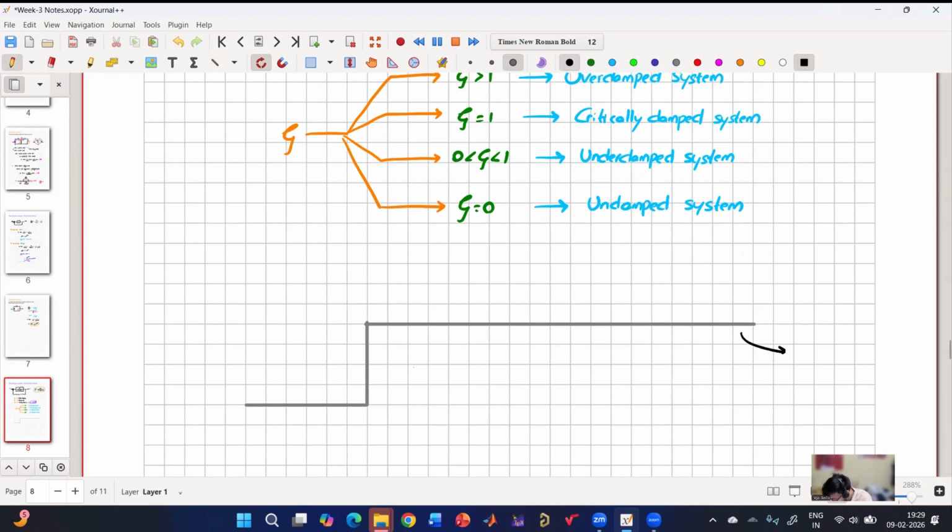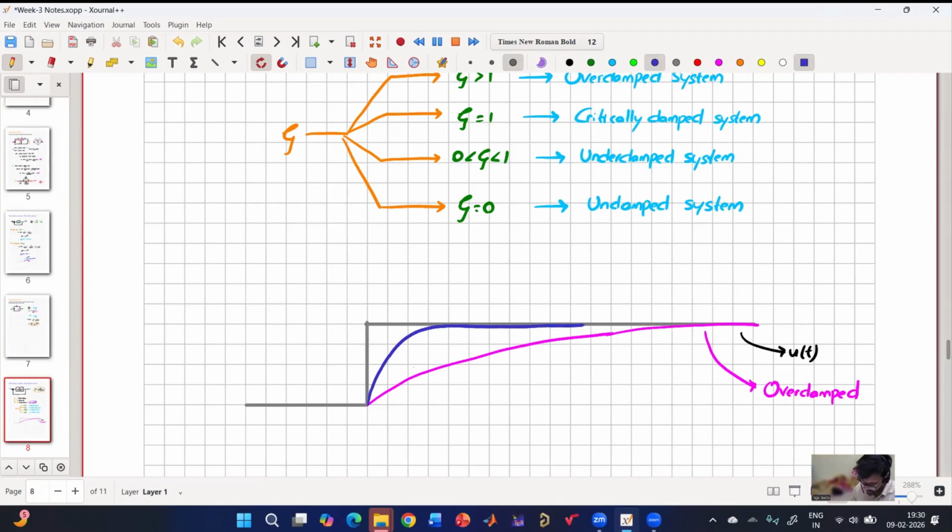So first starting with overdamped. Overdamped response will look mostly like a first order system. So it will look like this. So this is my overdamped case. And then coming to critically damped. How will my critically damped look like? Critically damped will look something like this. So this is critically damped.